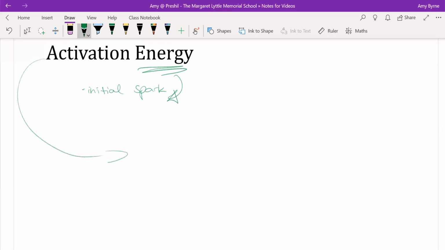This is why activation energy is tied into that idea of sufficient energy. So if my collision is happening with energy greater than the activation energy, my molecules are able to break apart and reform into the products.